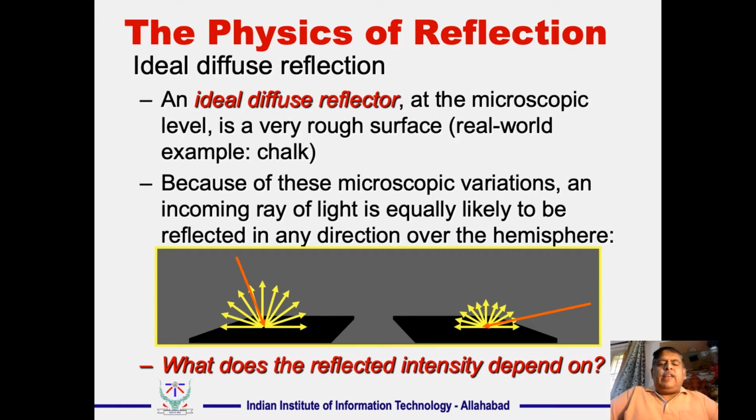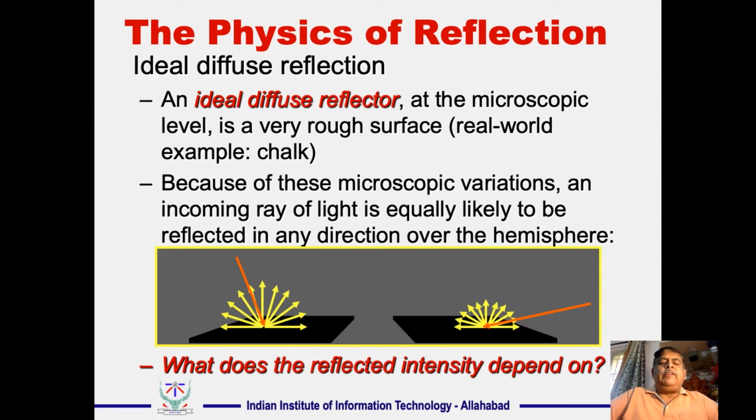What does the reflected intensity depend on? So what you have is that a light ray hitting a surface gets uniformly reflected in all directions. The only thing that it depends on is the direction of the incident beam.